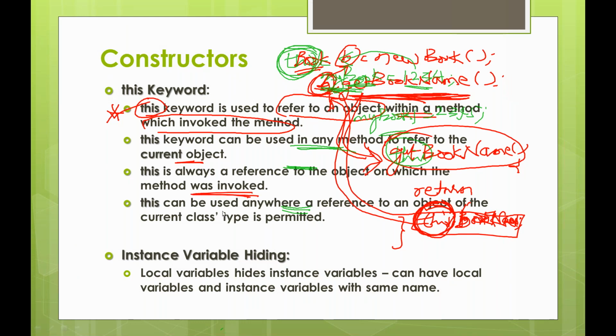This can be used anywhere a reference of an object is used. Within that method, if you have used this, that means this refers to that particular object.